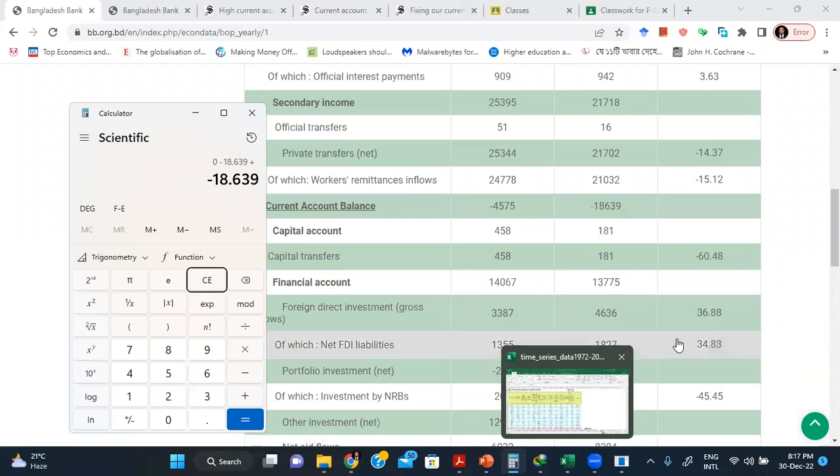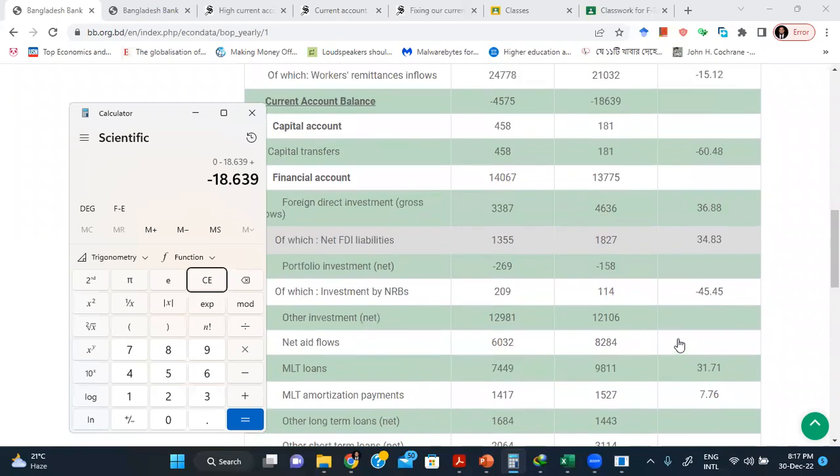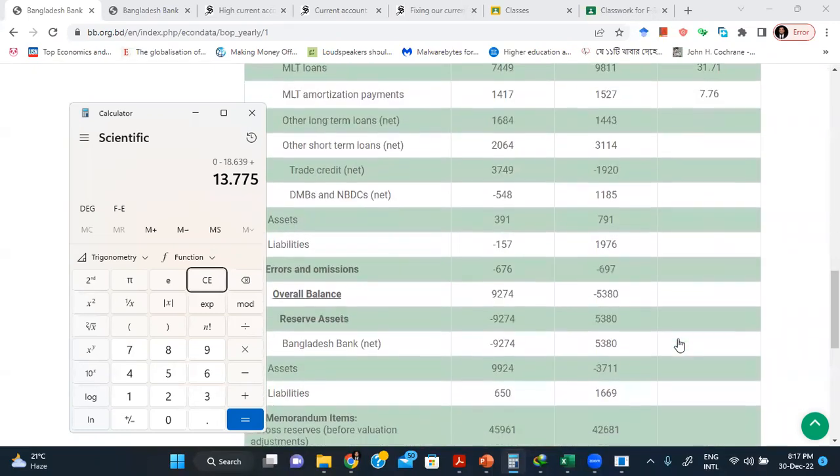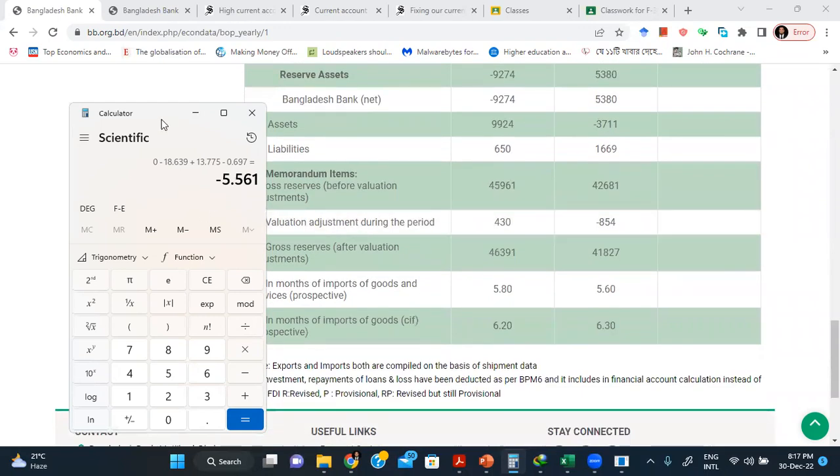Financial account balance is a positive amount, 13.775. Then statistical discrepancy is a minus amount, minus 0.697 billion. So we see that minus 5.561 billion. That is the overall balance. Got it?